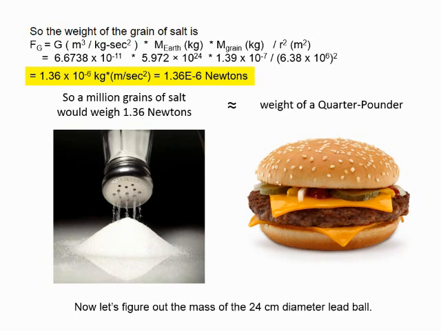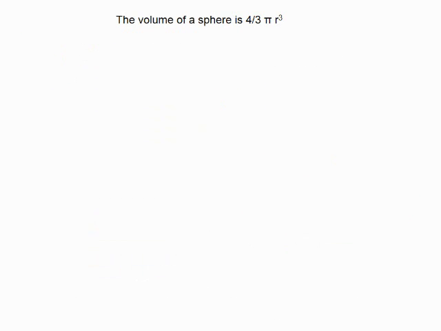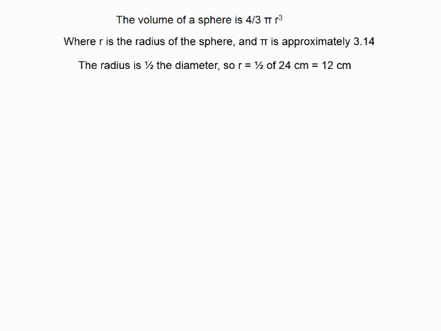Now let's figure out the mass of the 24 centimeter diameter lead ball. The volume of a sphere is 4/3 pi r cubed, where r is the radius of the sphere and pi is approximately 3.14. The radius is 1/2 the diameter, so r is equal to 1/2 of 24 centimeters, which is 12 centimeters.